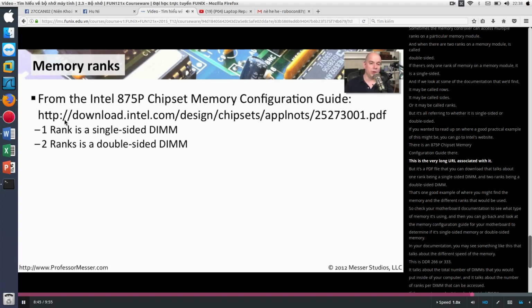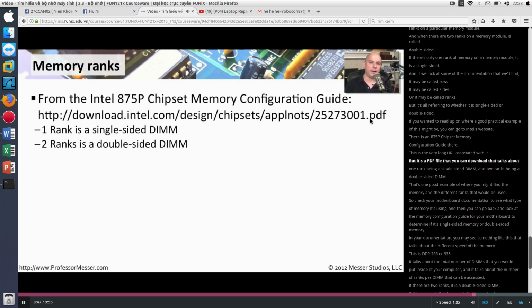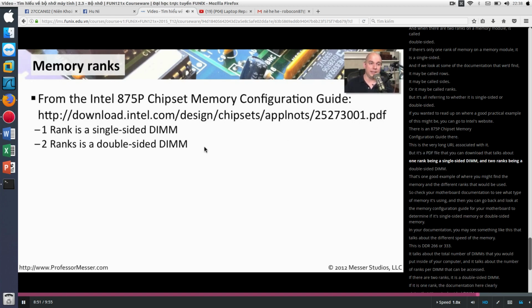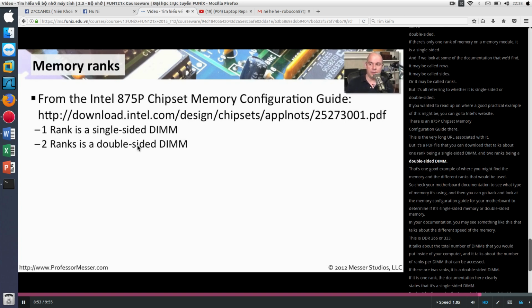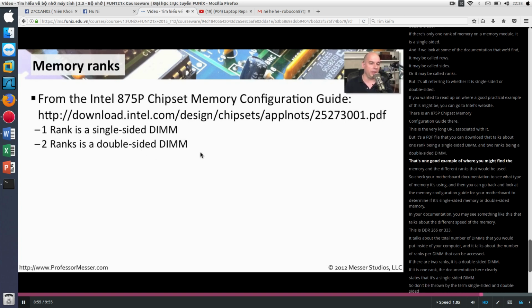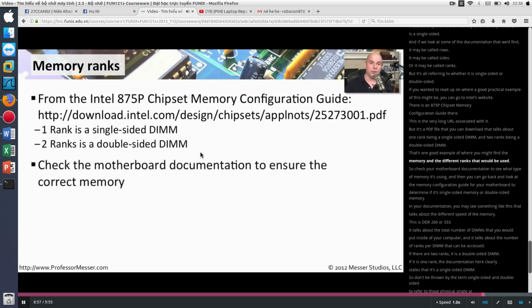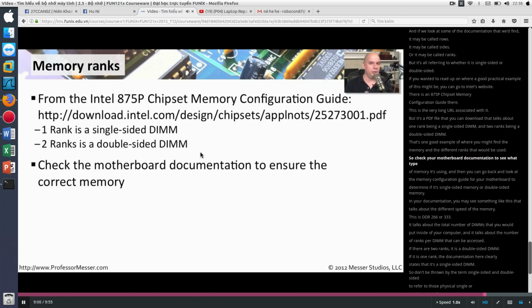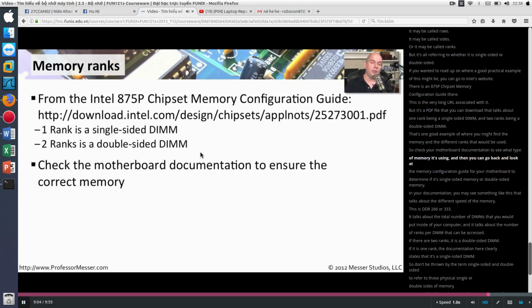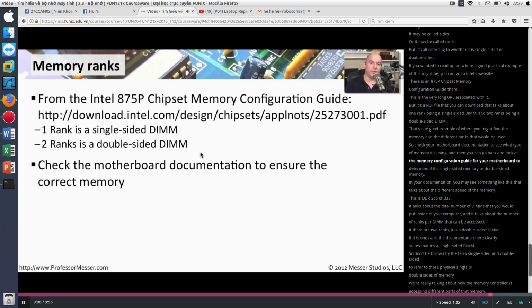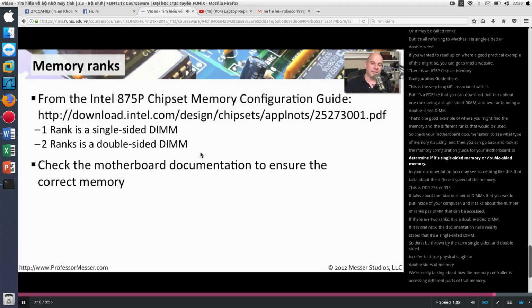This is the very long URL associated with it, but it's a PDF file that you can download that talks about 1 rank being a single-sided DIMM and 2 ranks being a double-sided DIMM. That's one good example of where you might find the memory and the different ranks that would be used. So check your motherboard documentation to see what type of memory it's using, and then you can go back and look at the memory configuration guide for your motherboard to determine if it's single-sided memory or double-sided memory.